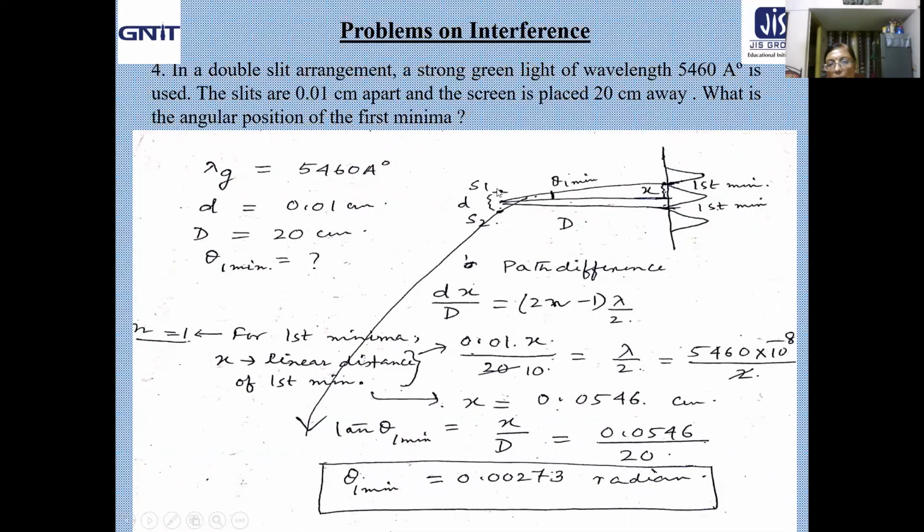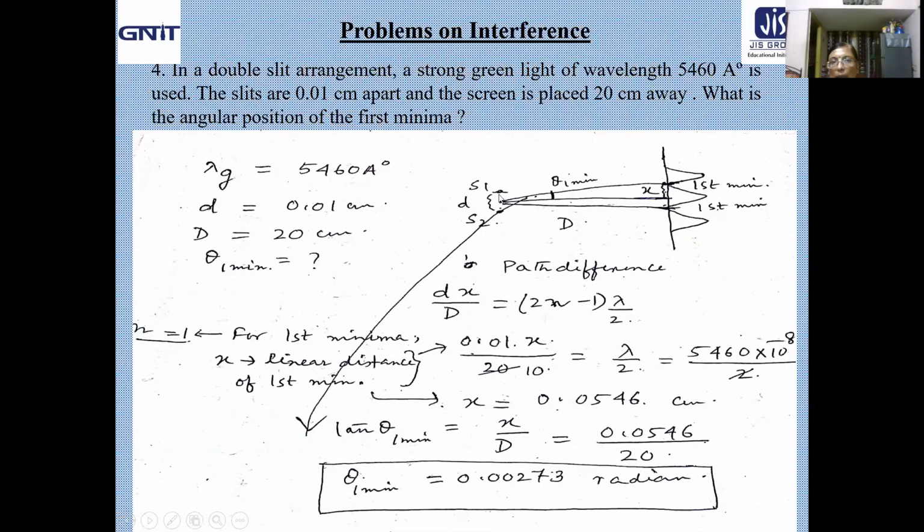Just take a look. S1 and S2 are the two slits. Separation between them is small d, and this is the screen, and slit screen separation is capital D. And this is the way how interference fringe pattern is obtained in the form of alternating maxima and minima in Young's double slit experiment. Now, this is the central bright. So, this is first minima. Similarly, this is first minima.